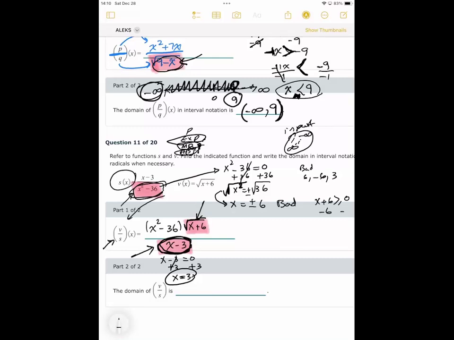Then I subtract 6. I get x is greater than or equal to negative 6, but I can't pick negative 6, so I might as well drop that because negative 6 is one of the bad points. If this was a negative 5, that would be fine. But since I have negative 6 as one of the bad points, I should get rid of that equal sign.